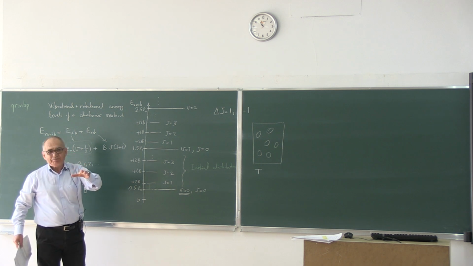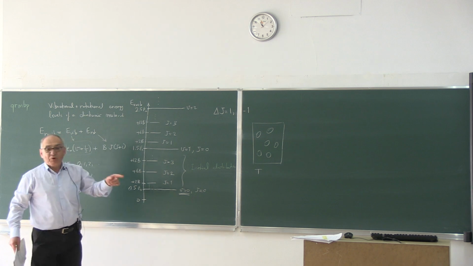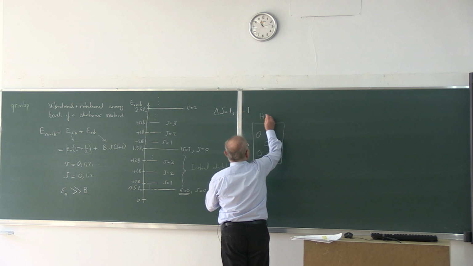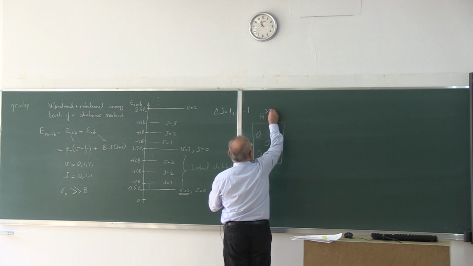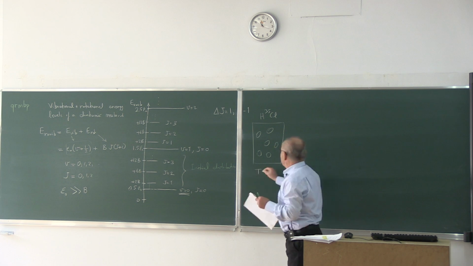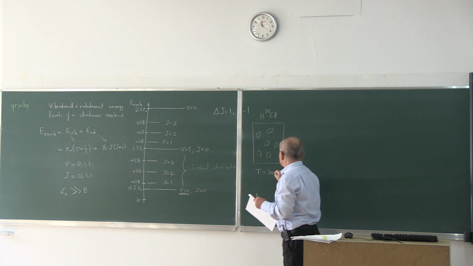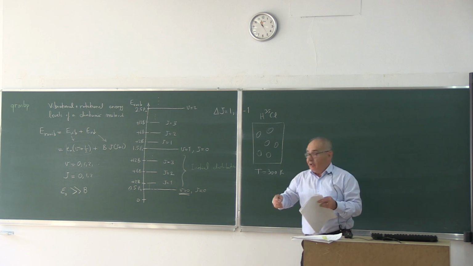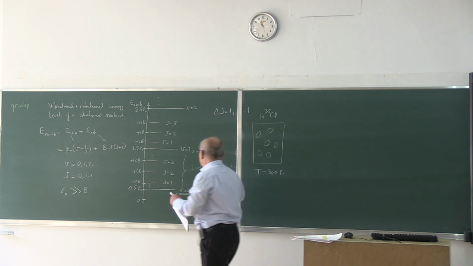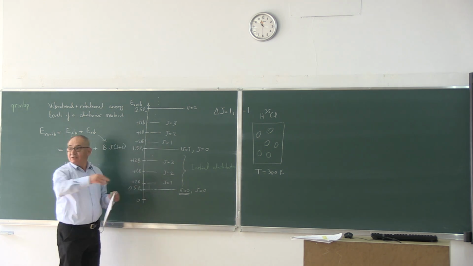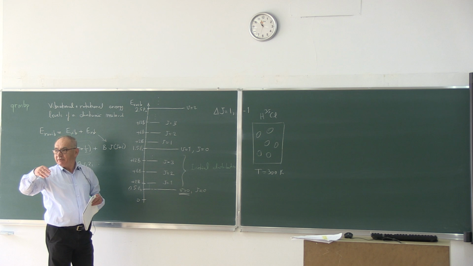If you remember, for HCl molecules in the sample at T equals 300 Kelvin, the population of J equals 3 level was the highest. Remember?